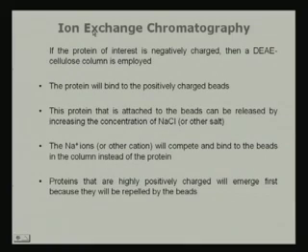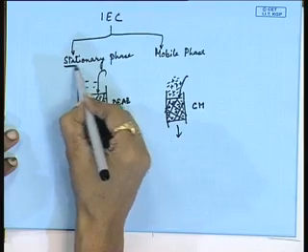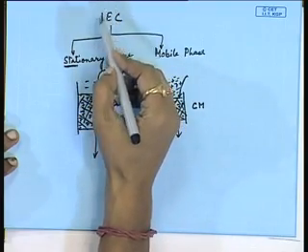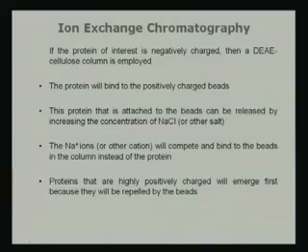So, as I have told you, any adsorption chromatography is divided into two phases. One is the stationary phase, another is the mobile phase. Stationary phase is that phase where adsorption is taking place.